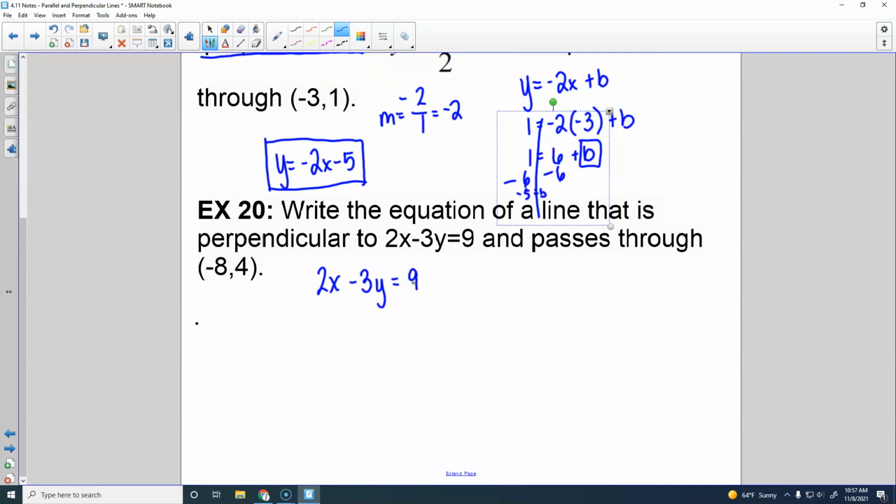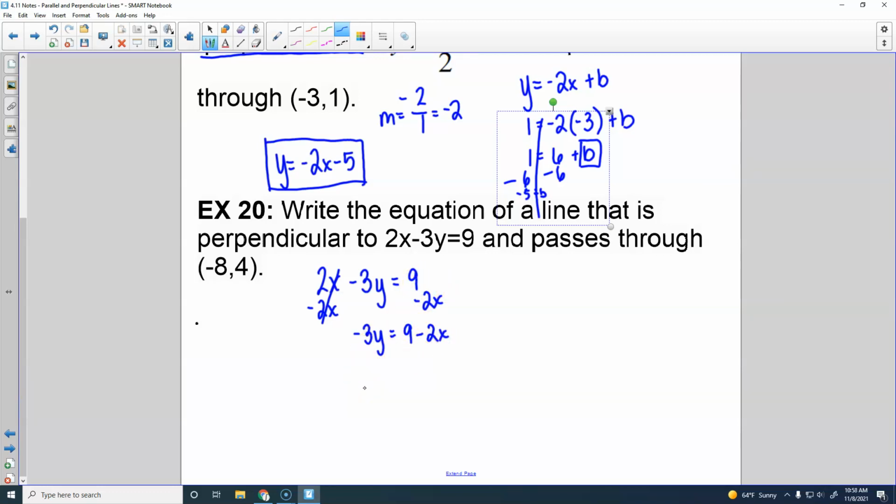Okay, we can't find the slope whenever the y is not by itself. How do we get that y by itself? Subtract the 2x. Take the x with it. Nope. Oh, I'm sorry. Oh, you said y. Okay, never mind. What does that give you? Negative 3y equals? Okay, good. I thought you were subtracting those two numbers, and you were not.